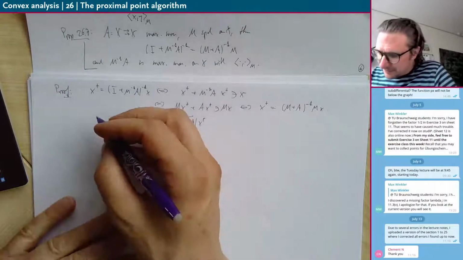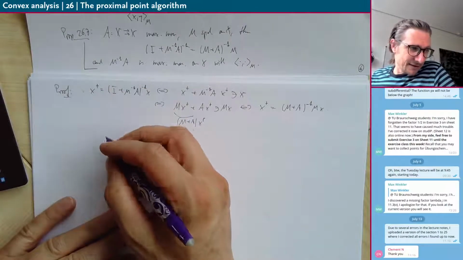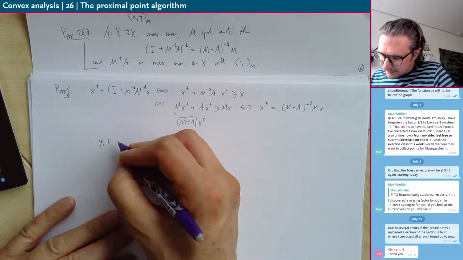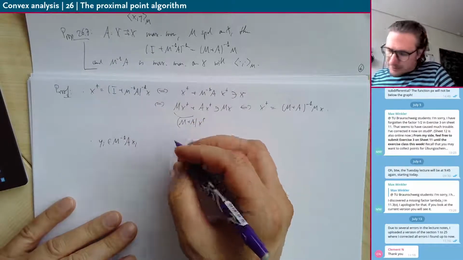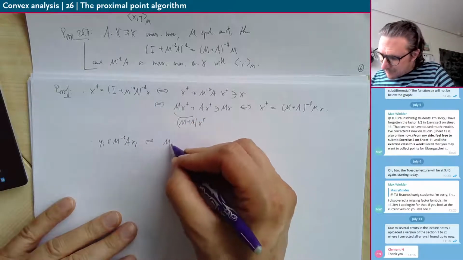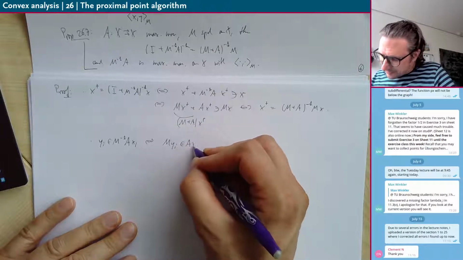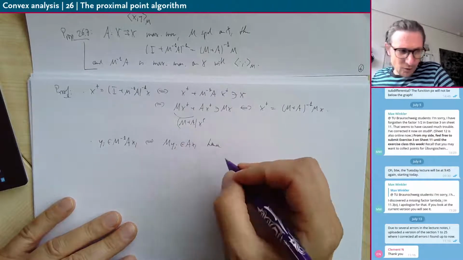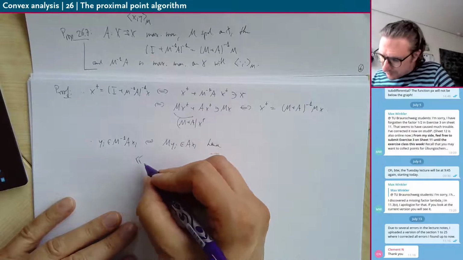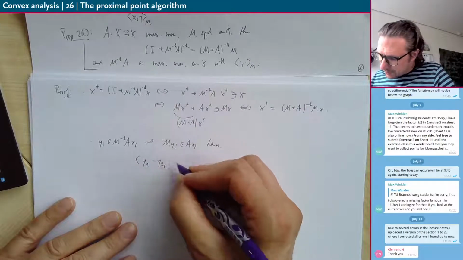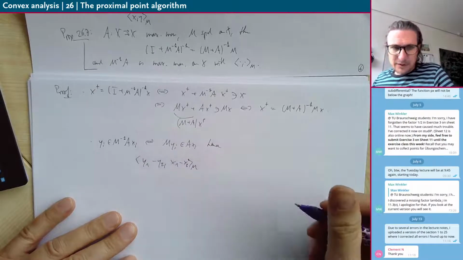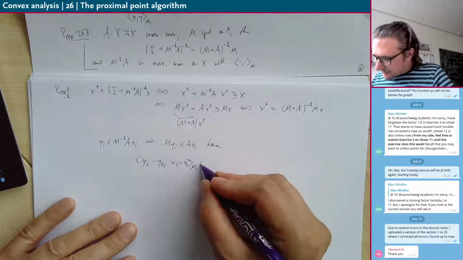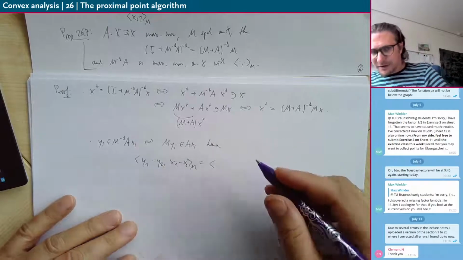And now for monotonicity, let's do it like this. If we have y_i is in M to the minus 1 A x_i, this is if and only if M y_i is in A x_i, and hence we want to know what is about this inner product here. Let's just write it down, so we can put the M over there. It doesn't matter where you want to put it.